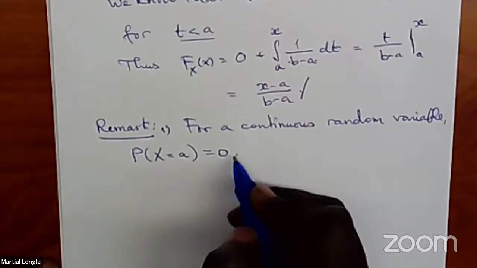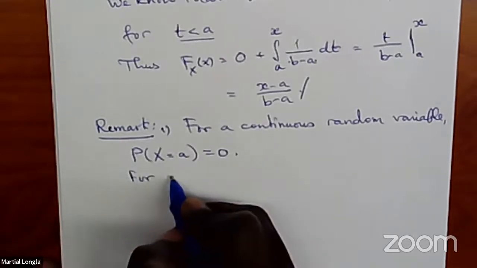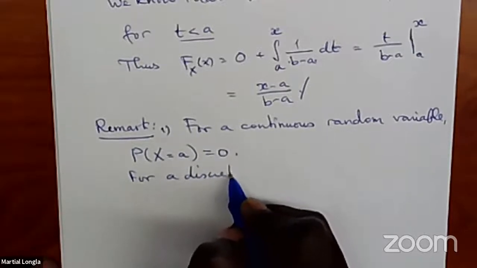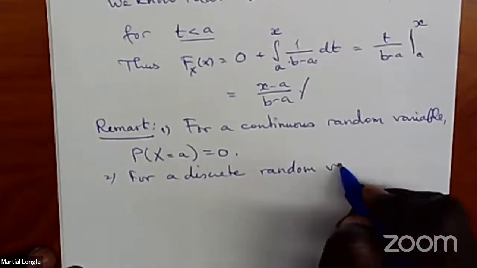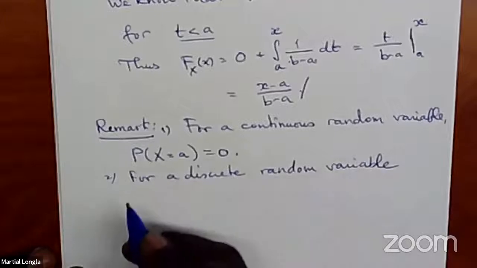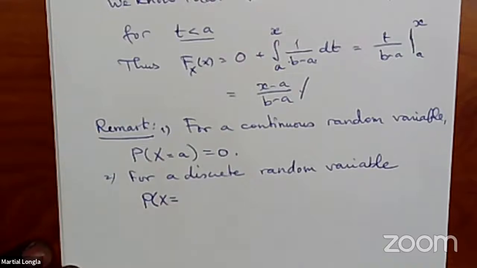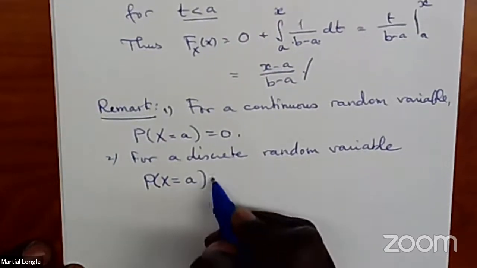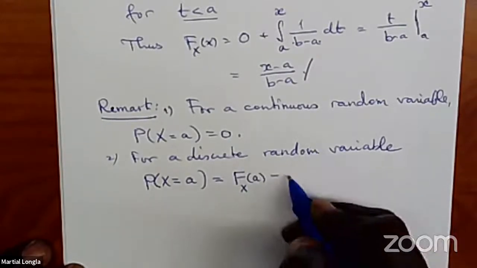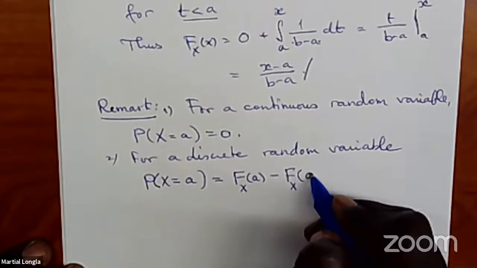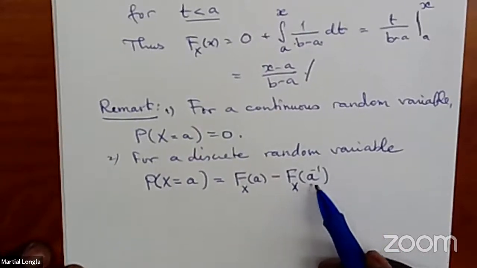All right, so this is the case here. And for a discrete random variable, on the contrary, the probability that x is equal to a is equal to the value of the CDF minus the limit of the CDF when x goes to a from below.